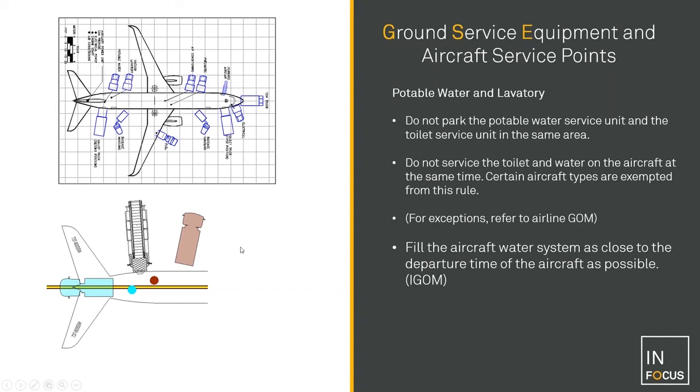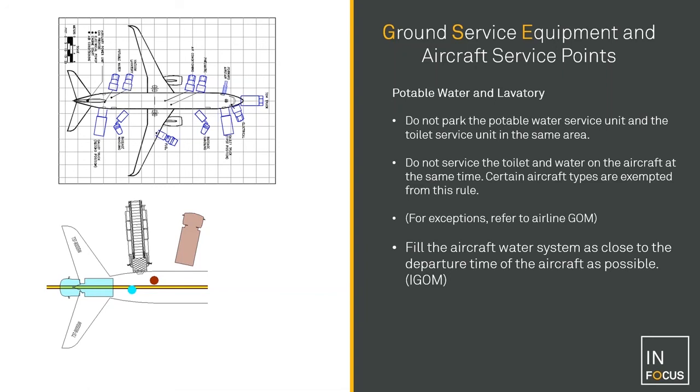If you're working with a passenger boarding bridge at the front, then you wouldn't see these stairs at the back. But everything is possible here. You see in the extract from the ACAP on the top of the left-hand side here, the actual service arrangement as provided from the manufacturer actually shows the water and the lavatory vehicle side by side. As I mentioned, they can't be there at the same time.